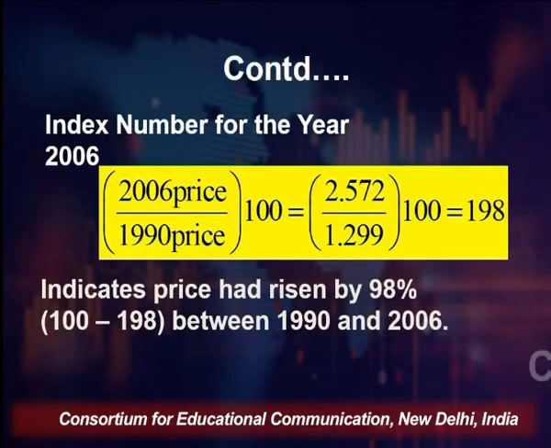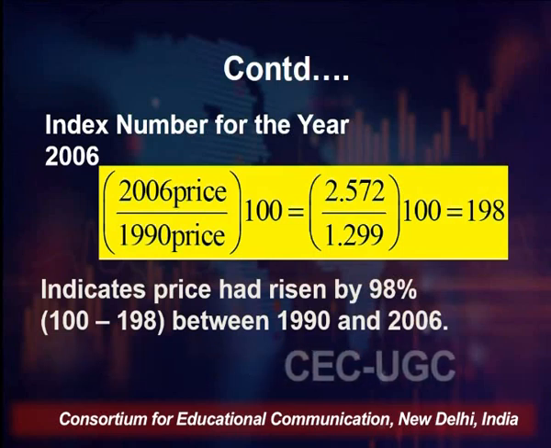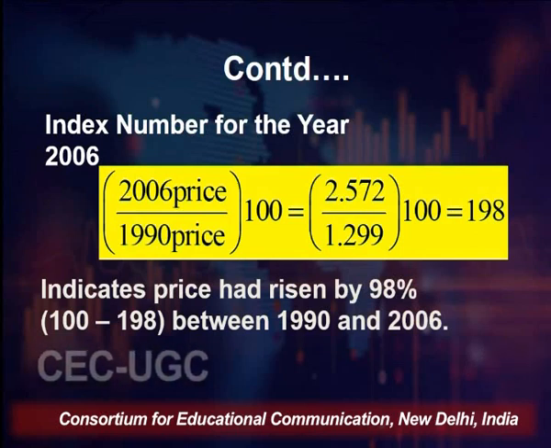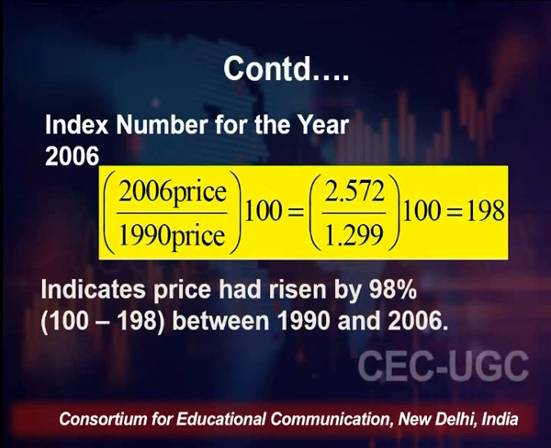So for the next year, when I am computing the index number for the year 2006, the price of 2006 becomes your current year price and base year is again 1990, 1.299, and your value comes to be 198. So it is indicating that price had risen by 98% between the year 1990 to 2006.